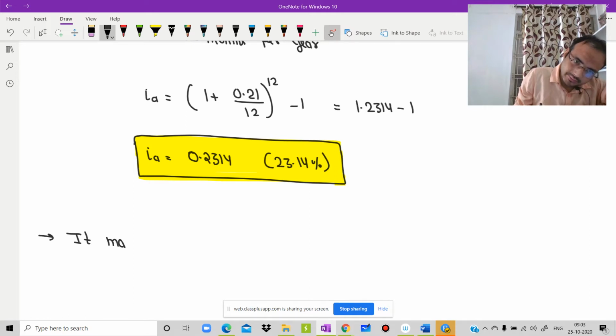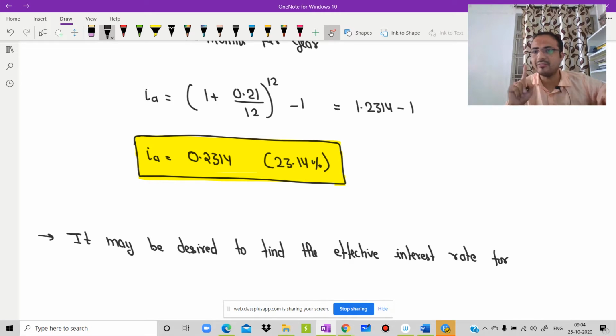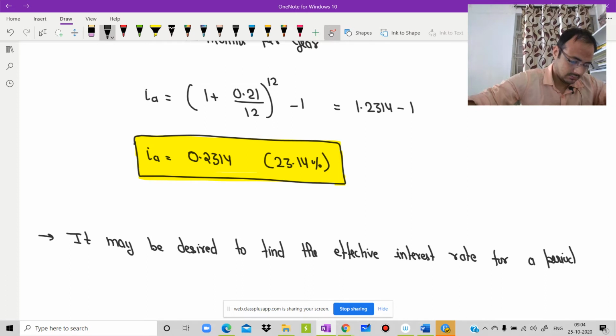It may be desired to find the effective interest rate for a period, because this one we calculated on an annual basis. Rate for a period other than annual.